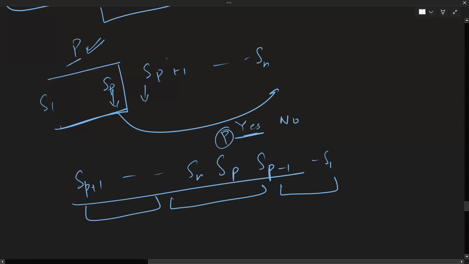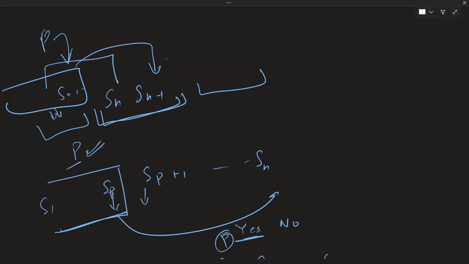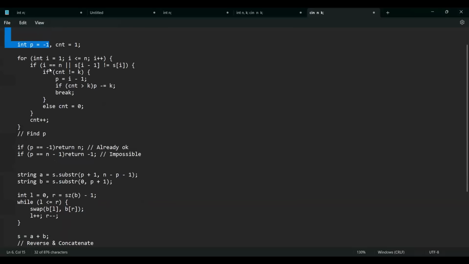How did we get this P? We get this P from initially matching all K buckets, and if there are two places in a bucket which have different values. So let me show you the implementation. First we have taken input, and then initially let's say that my P is -1.